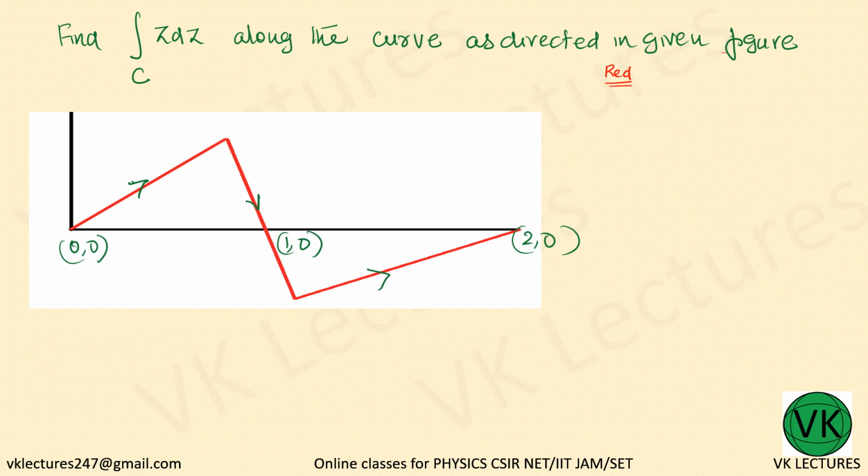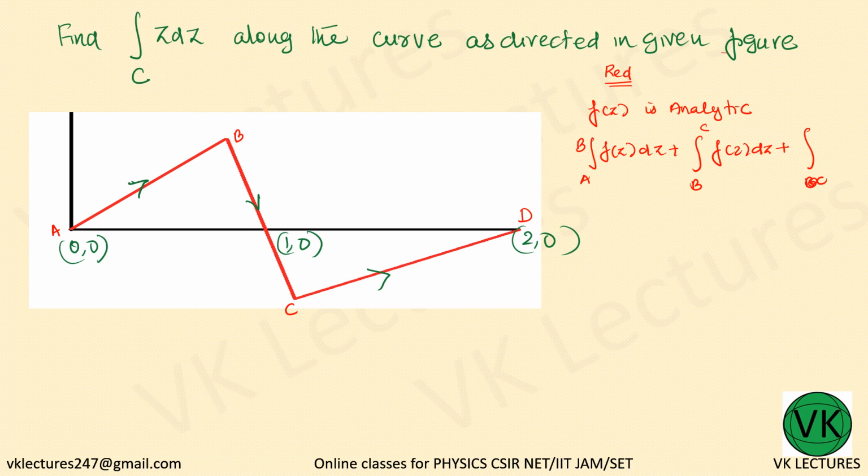So that is from A to B, then to C, and then to D. Now according to the theorem, if the function f of z is analytic, then the integral from A to B f of z dz plus integral from B to C f of z dz plus integral from C to D f of z dz will be equal to integral from A to D f of z dz.